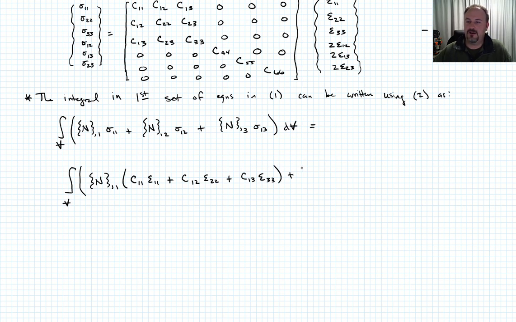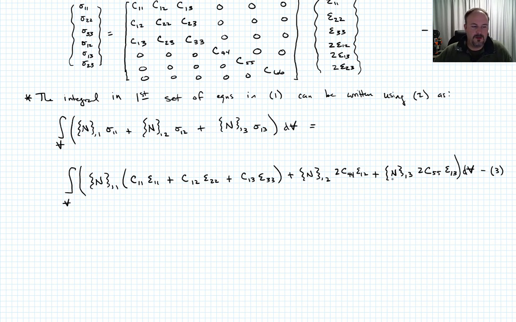And then I continue on, plus there's n partial with respect to x2, and now I go up and see that that looks like 2 times C44 times epsilon 1,2, and then plus the interpolation function with respect to x3, 2 times C55 times epsilon 1,3, right? So that's the substitution all over dV. Let's call that equation 3.